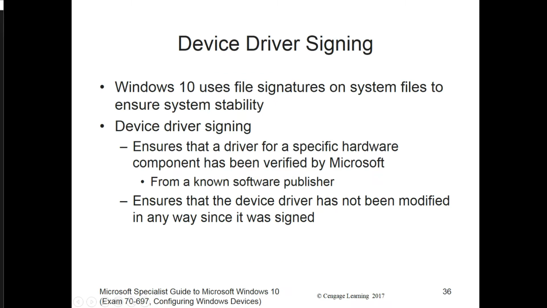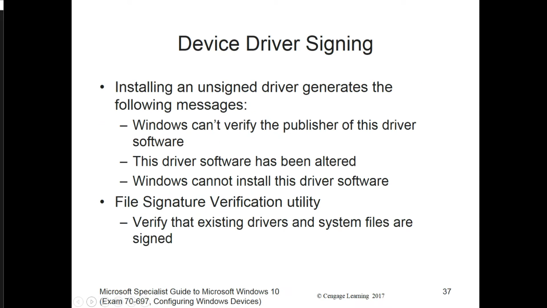Device driver signing. Windows 10 uses file signatures on system files to ensure system stability. Now, device driver signing ensures that a driver for a specific hardware component has been verified by Microsoft. It's from a known software publisher. It ensures that the device driver has not been modified in any way since it was signed.